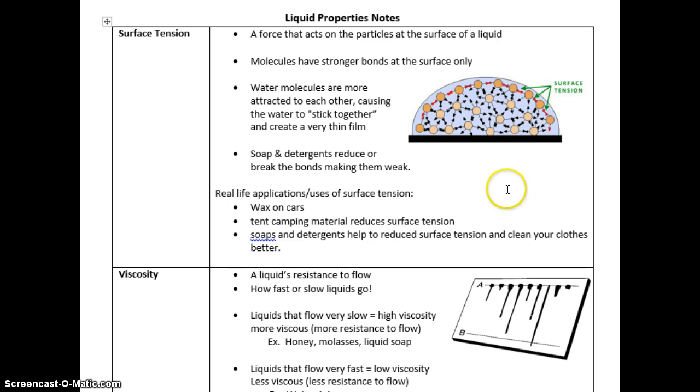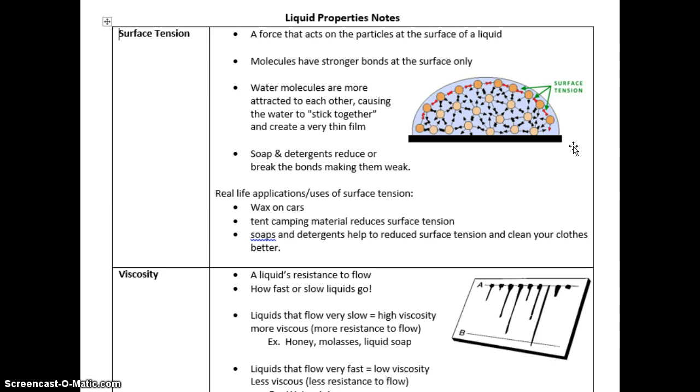When I flip it upside down, this is what's happening with each one of those little individual squares on that screen. The water has created a very tight bond and has created a little thin film. When you put all those thin films together, all those little multiple squares on the screen, that is strong enough to hold back all that water. And that is surface tension right there. And that's how you would do it.